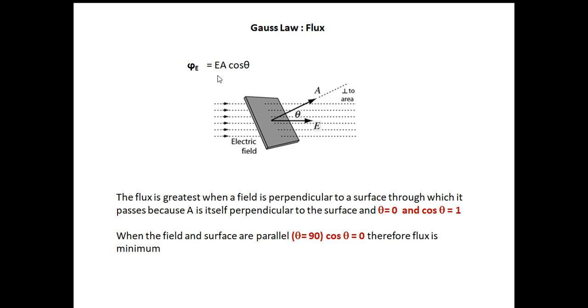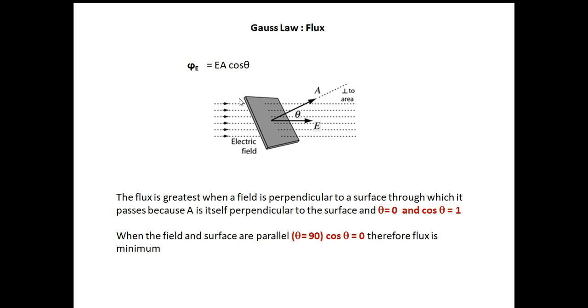So phi E is EA cos theta, where E is the magnitude of electric field, A is the magnitude of area vector, and cos theta is the cosine of the angle between the two. Now if I make this vertical like this, then the area vector will be like this, and the angle between the two will be 0. Eventually cos theta will be equal to 1, and the maximum flux will pass through the surface, or this virtual surface, I mean to say.